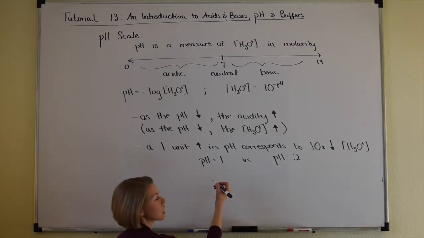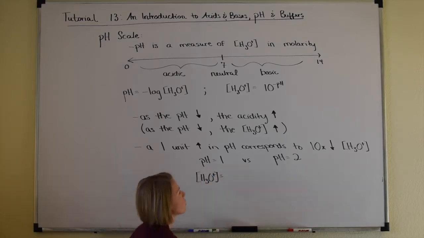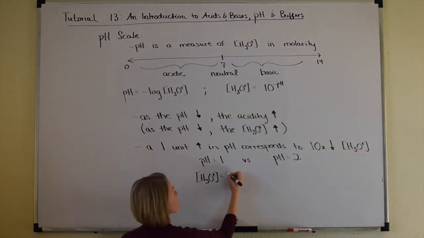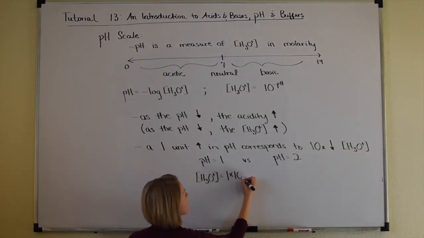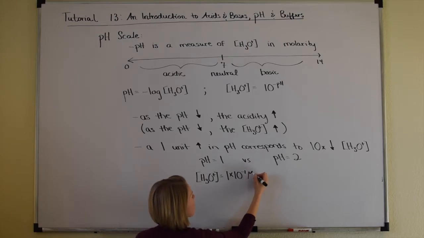So for the pH equal to 1, the hydronium ion concentration is going to be equal to 10 to the negative pH. So 10 to the minus 1. I'm going to write it as 1 times 10 to the minus 1. And remember that the concentration is in molarity. So I'm going to put a capital M.